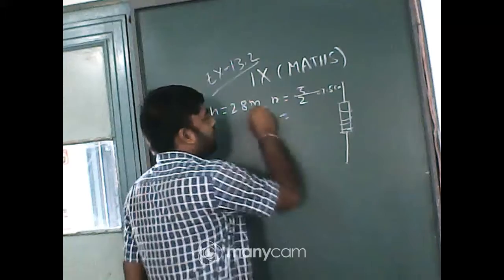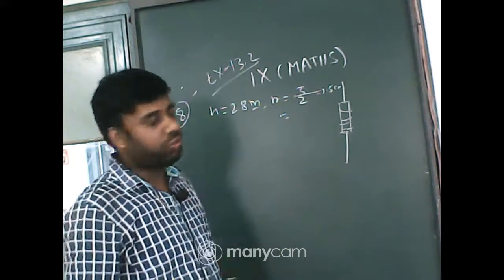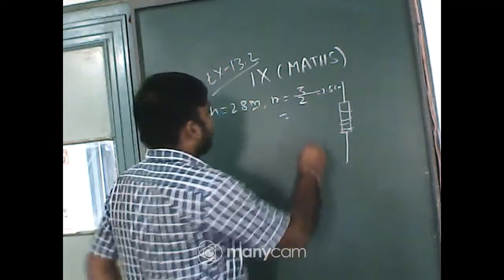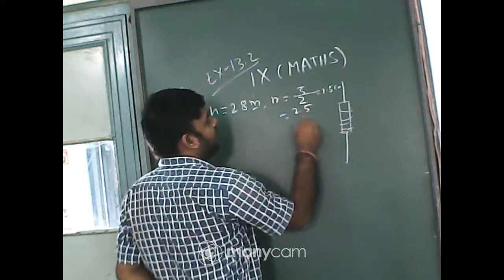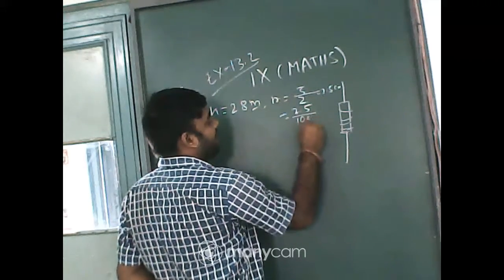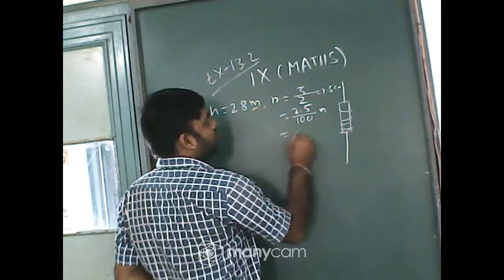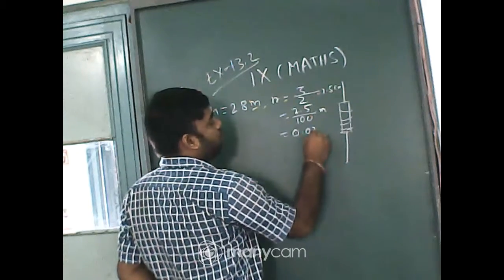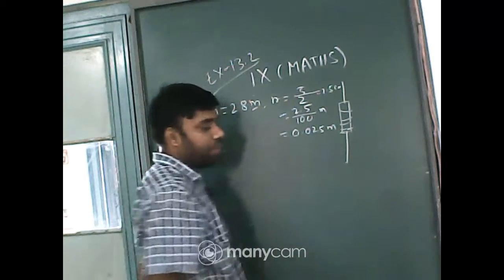Now length is given in meter, so we should convert it into meter. We know that to convert 2.5 centimeter into meter we should divide it by 100, so that will be 0.025 meter. Any problem up to this, anyone?